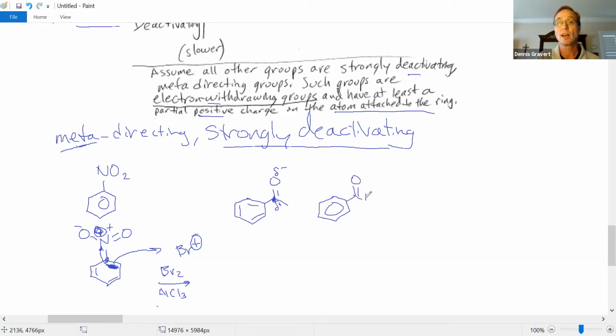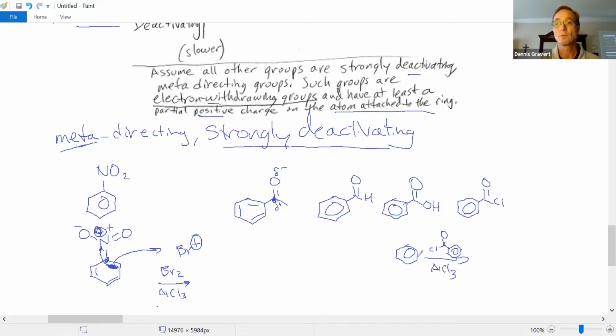So aldehyde, ketone, carboxylic acid, an acid chloride. That's kind of interesting. Yeah, so Friedel-Crafts acylation reaction. What's the product?